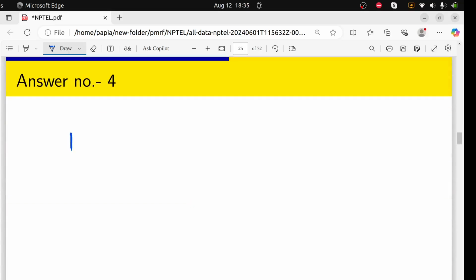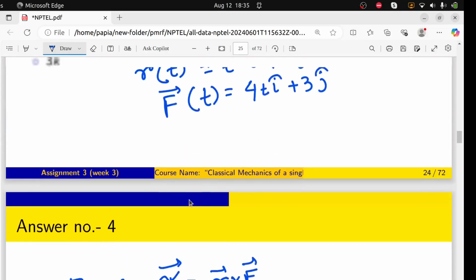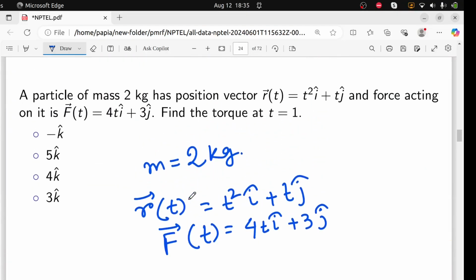Torque is what? Torque is tau. Tau is r cross F. Okay. So r cross F. Now, as the mass is given, right?